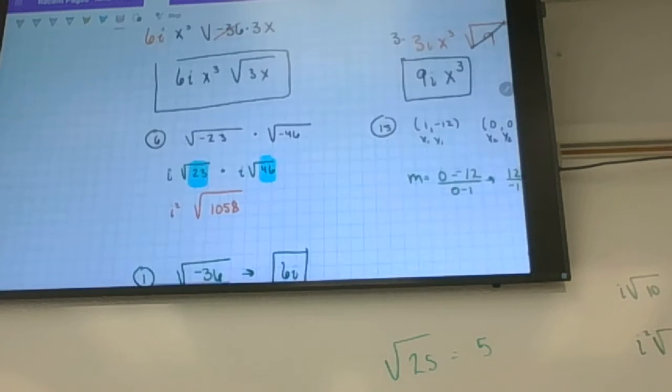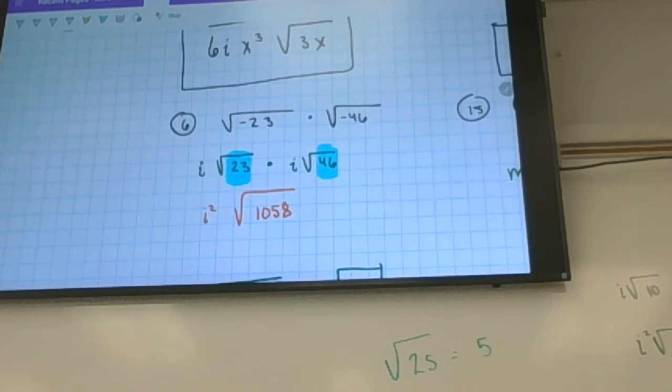Alright, we're gonna keep going on this number 6. So I squared is -1.